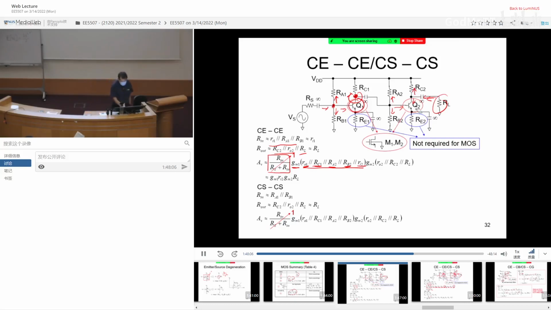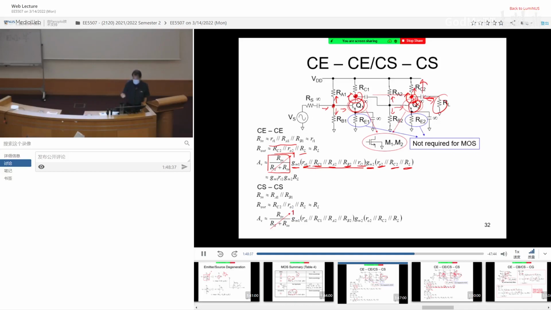Once you get this point, you reach Q2. Reaching Q2 gives you another current source, gm2. And then once you get the gm2, again, you reach this output point, you turn 360 degrees again. So this 360 degrees allows you to see RC2, look down, R02, look to the right, RL. And therefore you can easily write down the whole gain. And of course you can simplify.